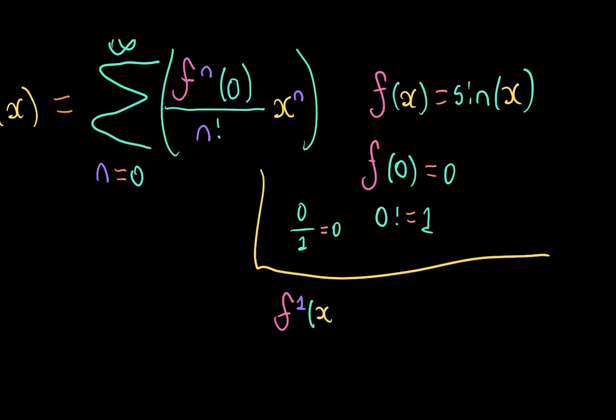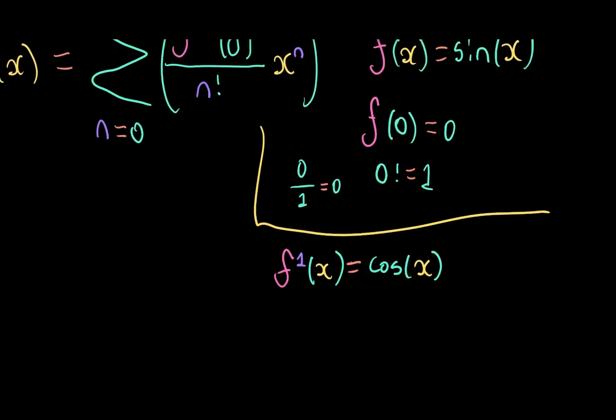So let's just write this. So we're literally doing the same thing as before, but this formula is a little bit abstract. Okay, and then f of 1 of 0 is equal to just 1.